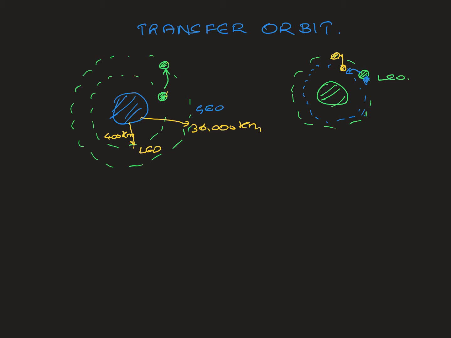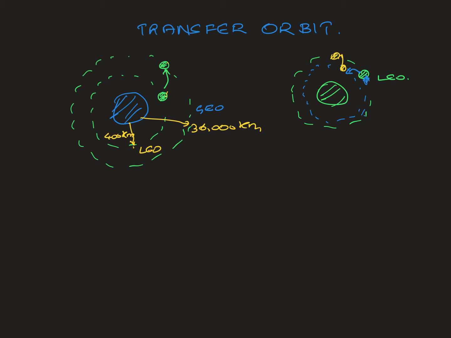So one is during the launch, where we have an LEO and then we transfer it to a GEO satellite, or we transfer due to, we say, orbital decay.